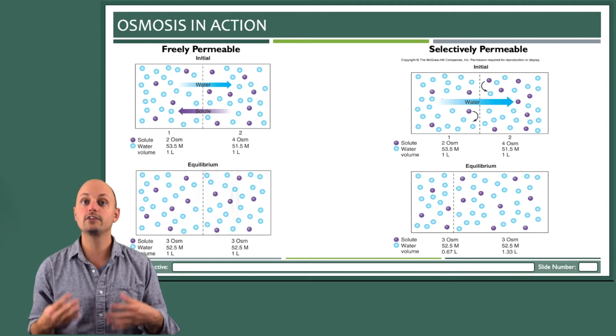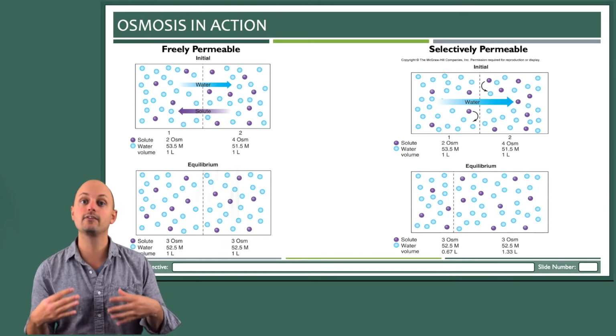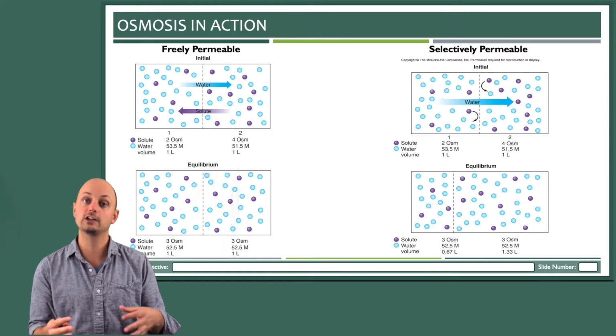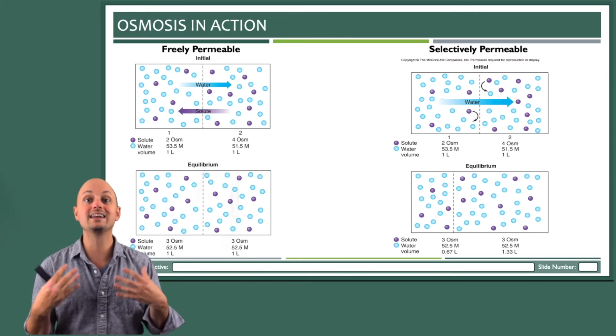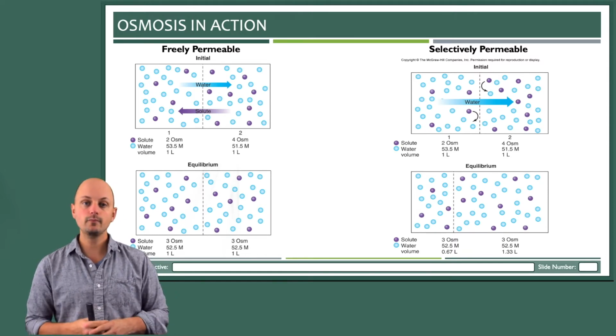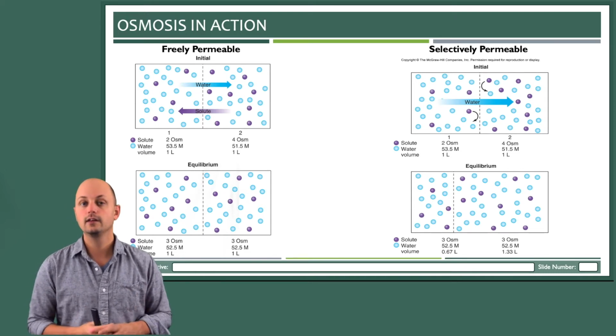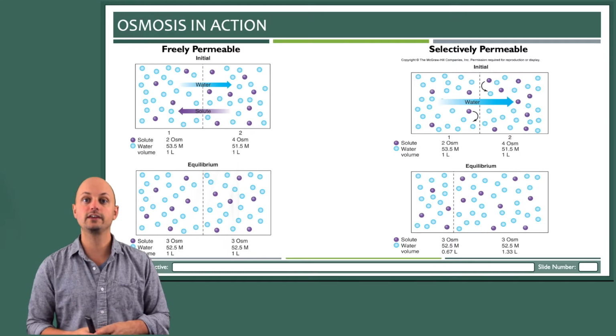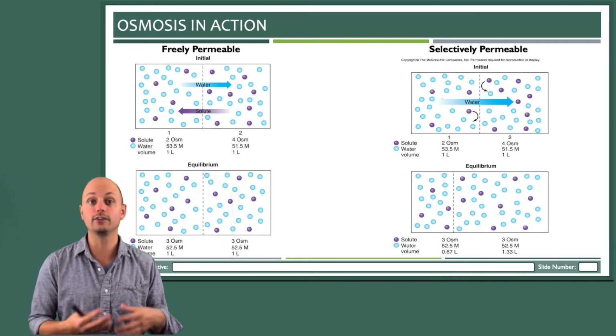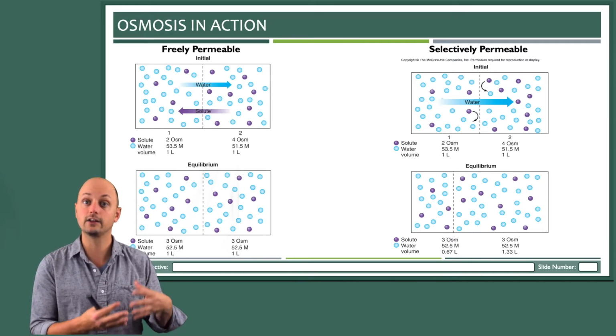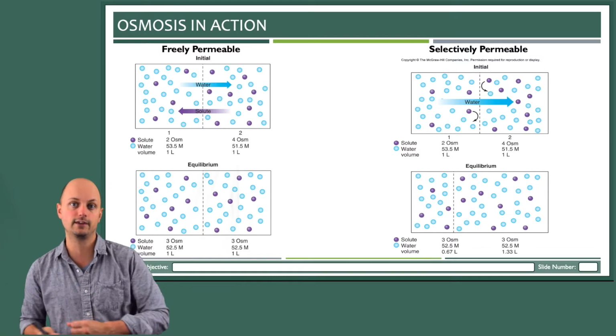On the right side, we have the same initial conditions, but we have a selectively permeable membrane. It's permeable to water, but not to solute. So in other words, the water is free to move, but the solute isn't. So if you take a look here, you'll see that the solute concentration, again, in the right side is higher. It's 4 versus 2 on the left side.